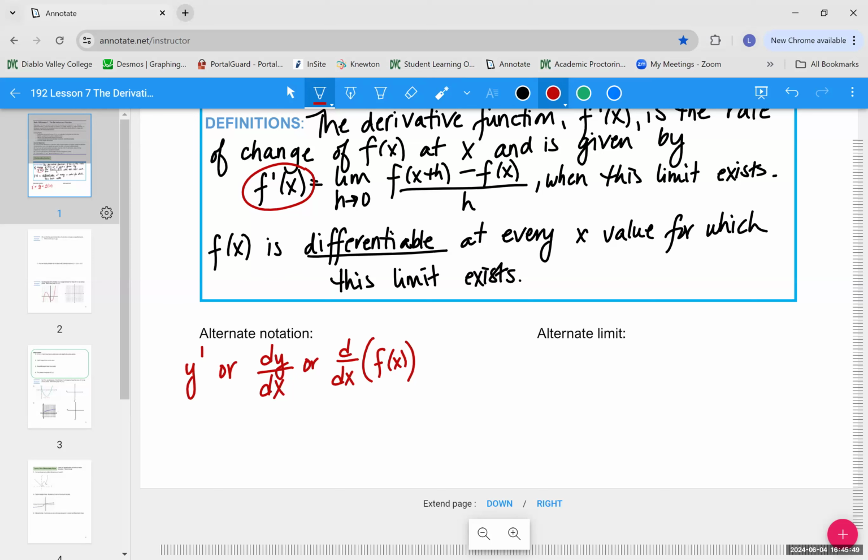And of course, we have that alternate limit. This one still requires you to have an a value, right? So this isn't giving you the general function. It's still just going to give you f prime of a, so it's at a point as opposed to the entire function.